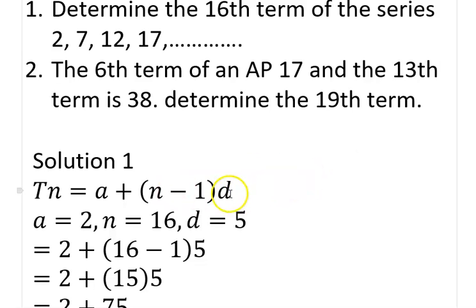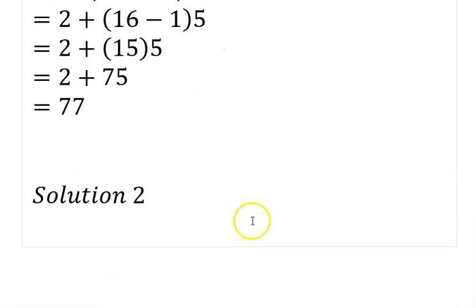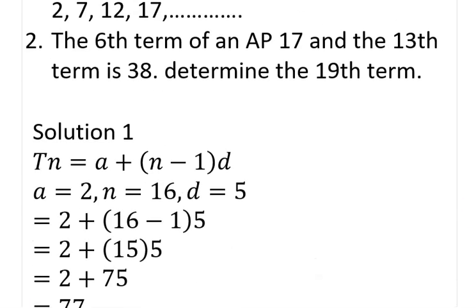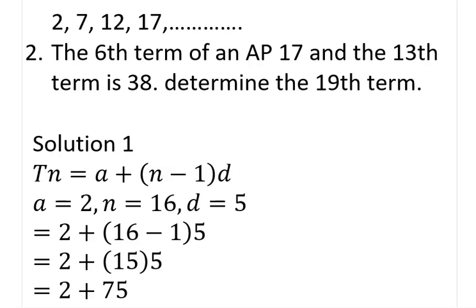So by so doing, let's come up with our formula. Now, this is what the question is saying. The question says the sixth term, that's n. When n is 6, the nth term is 17.